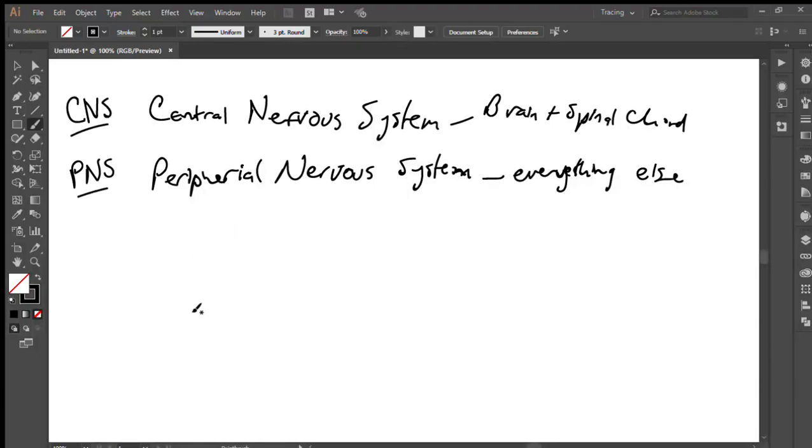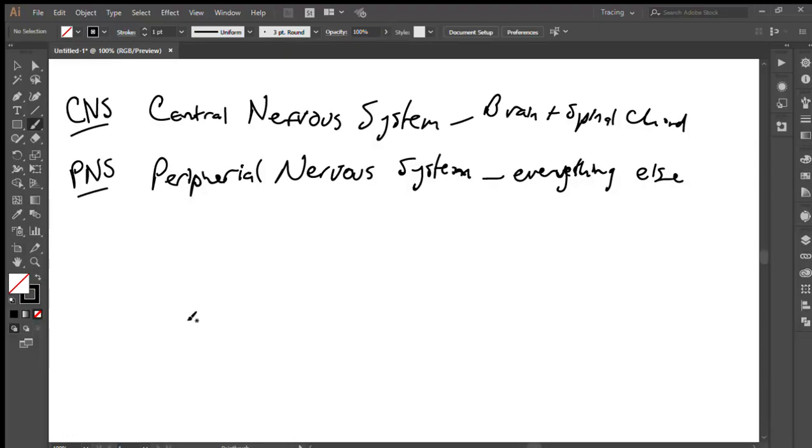Okay, so let's talk a little bit about protection. The spinal cord, you're probably familiar with this, is protected by vertebrae. They're bony structures that run down and protect that spinal cord, because if that spinal cord is damaged or severed, there's a good chance it cannot heal itself.